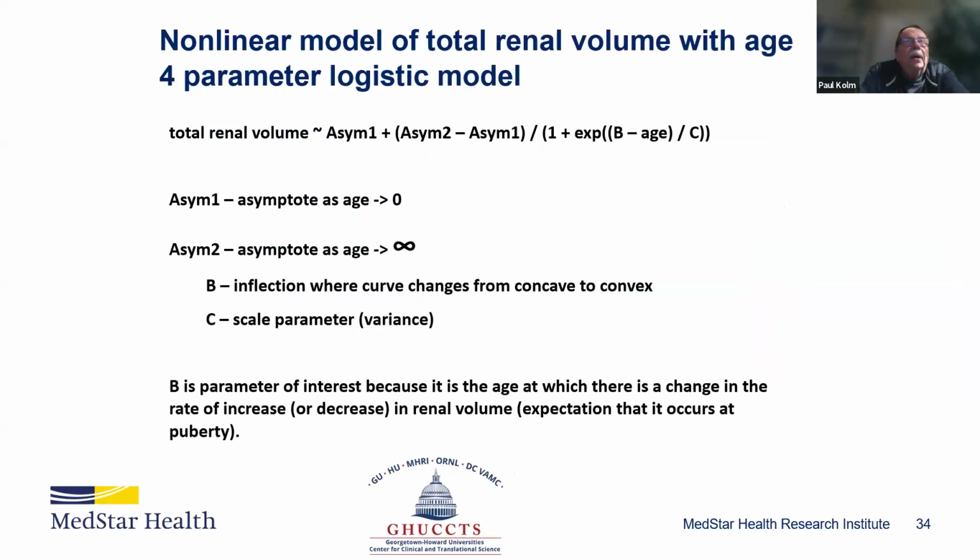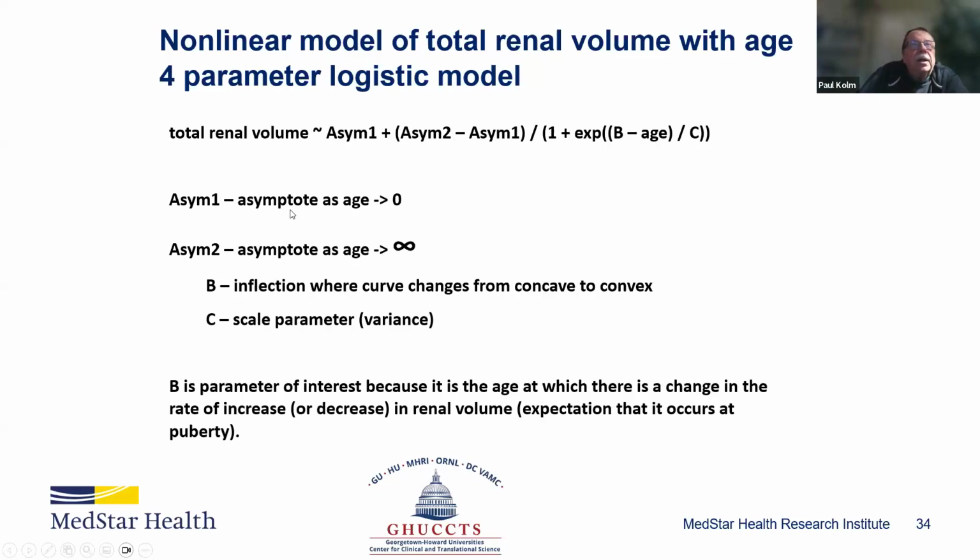A function, I believe this is from more basic sciences, wanted to look at the model of total renal volume with age. So we use a 4-parameter logistic model. Our model here is total renal volume as a function of asymptote 1 plus asymptote 2 minus asymptote 1, divided by 1 plus the exponent of b minus age.